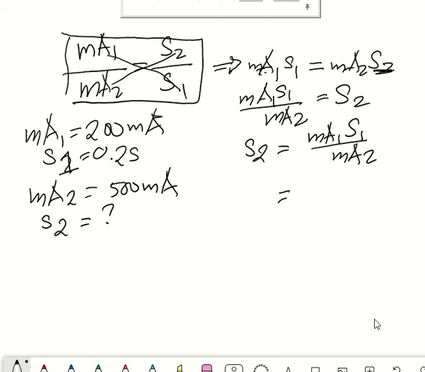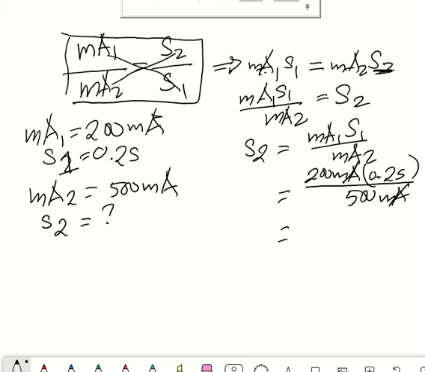So we will now substitute. mA1 is 200 mA, then time is 0.2 seconds, divided by mA2, which is 500 mA. The mA cancels so that what remains is seconds. So 200 times 0.2 is 40.